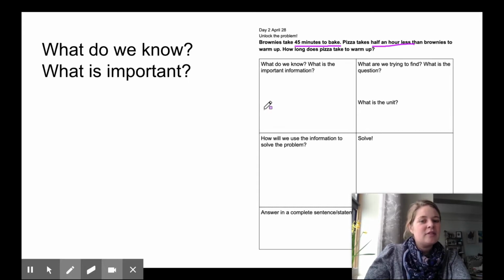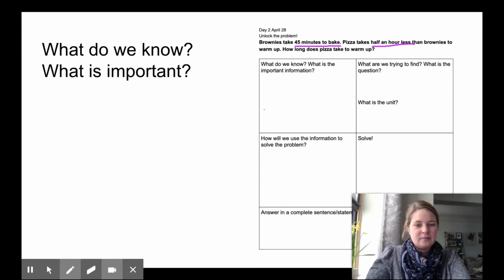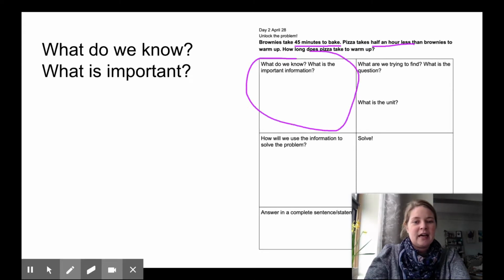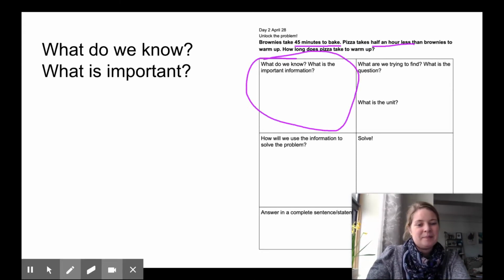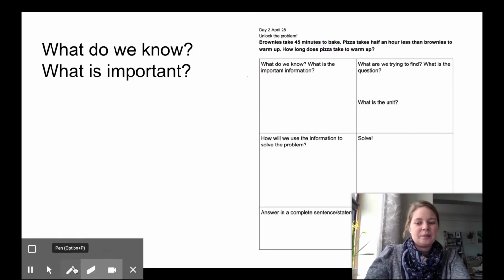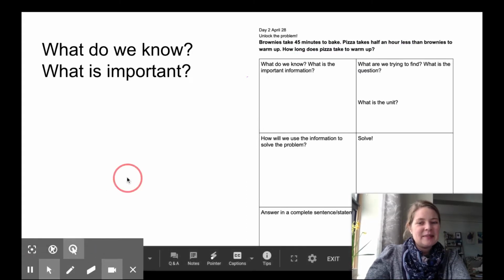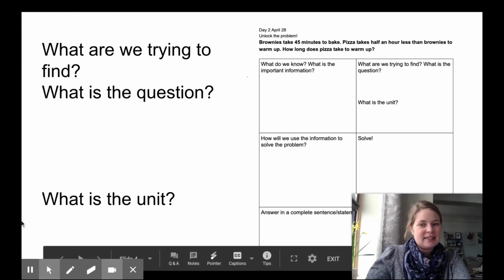We know that brownies take 45 minutes to bake and pizza takes half an hour less to bake. Press pause here and fill in your first box on your application problem. Once that box is filled up, let's move on to the second box.